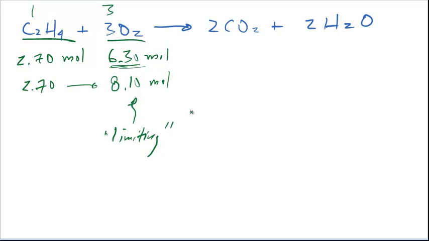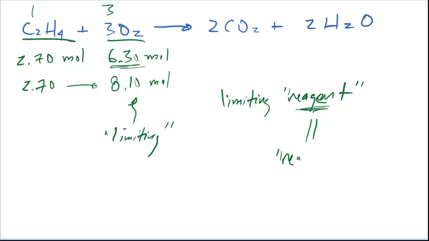And now you're probably wondering, hey, I was reading the section and it says that the title of this section is limiting reagent. But Dr. Hammer, you said limiting reactant. Well, yeah, reagent and reactant are sometimes used interchangeably in chemistry.